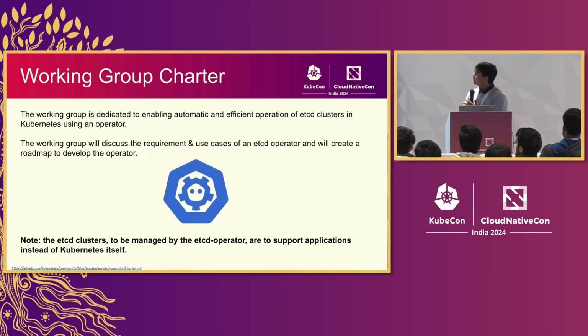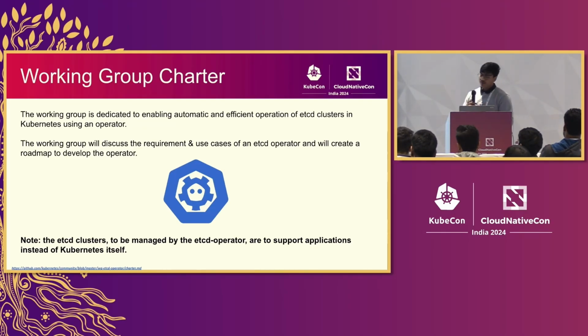The goal of this working group is pretty straightforward. We need to design an automated, efficient operator running etcd clusters at scale within Kubernetes. This working group will discuss the requirements and use cases of the operator, brainstorm the design, and put together a well-defined roadmap to start the development work.